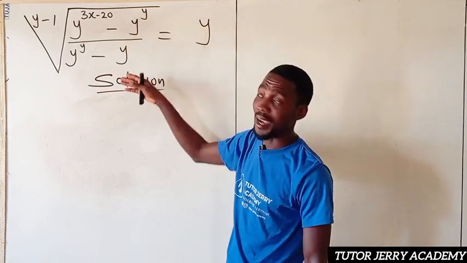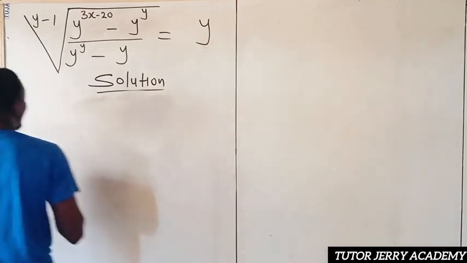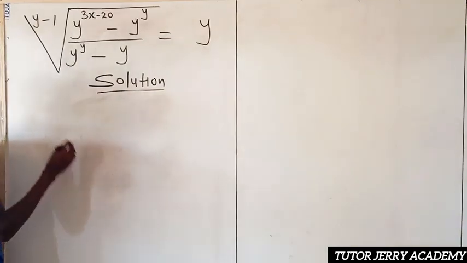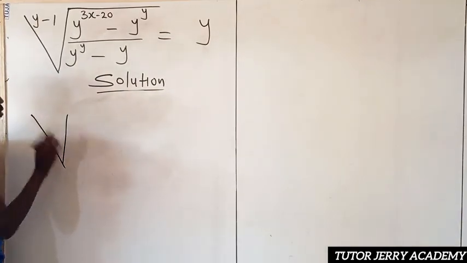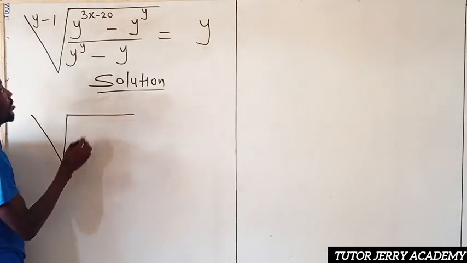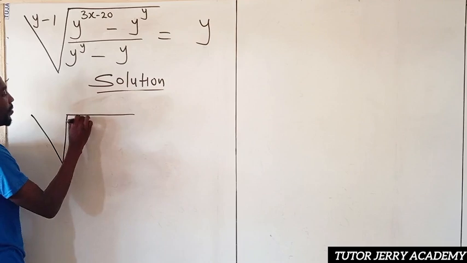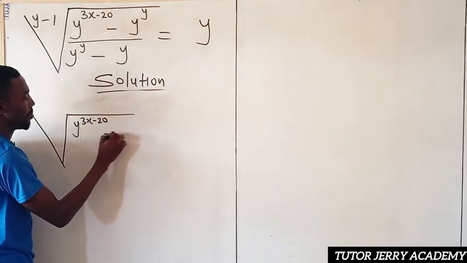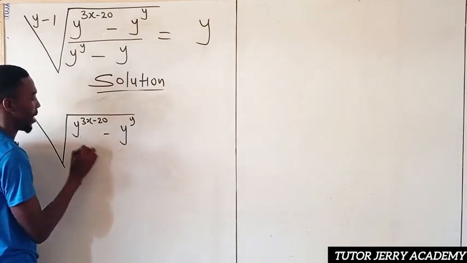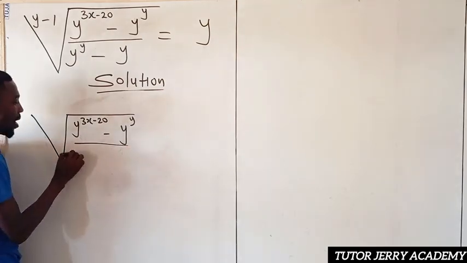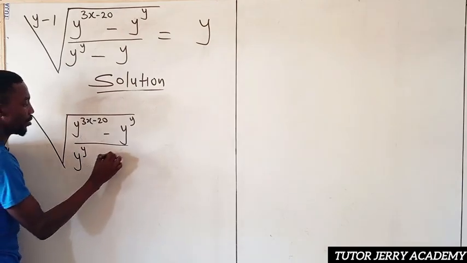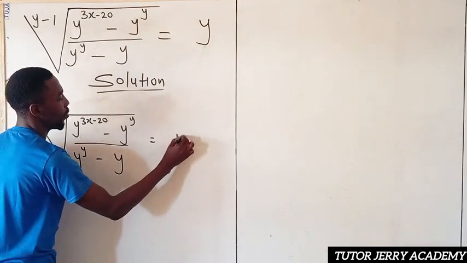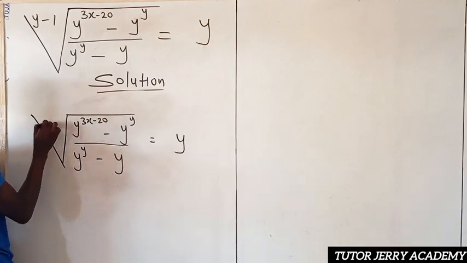Y minus y. So we are going to say the square root of this is going to be y to the power of 3s minus 20 minus y to the power of y, all over y to the power of y minus y, equals to y. So don't forget this is y minus 1.